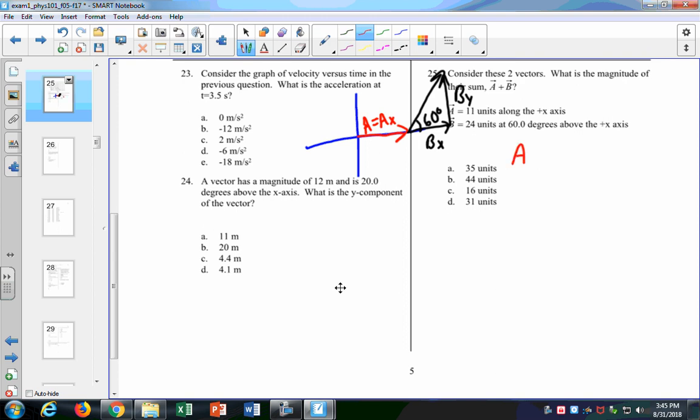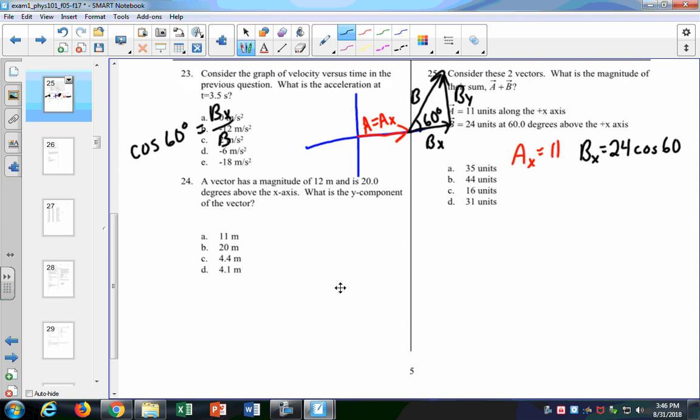So AX has a magnitude that's equal to 11. BX has a magnitude that's equal to 24 times the cosine of 60. Remember, cosine of our angle, which in this case is 60 degrees, is equal to, SOHCAHTOA, adjacent, that's BX, over B. B is this.